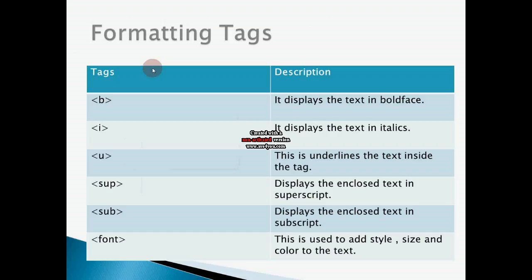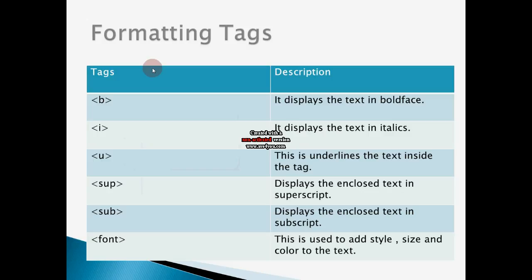Now the last topic of this tutorial, formatting tags. Formatting tags were designed to display special types of text. First B, second I, third U. If you use a word processor, you must be familiar with the ability to make text bold, italic, and underline.